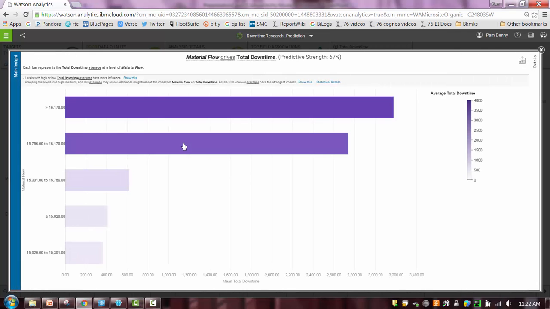Liz knows from years of working in the facility that they use three sensors on the plastic molding machines: material flow, mold temperature, and cavity pressure. And these sensors are used to monitor asset performance. But look here how material flow jumped out and is saying that if the material flow is watched, that can be a predictor of total downtime by 67%.